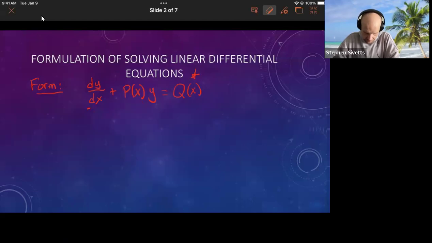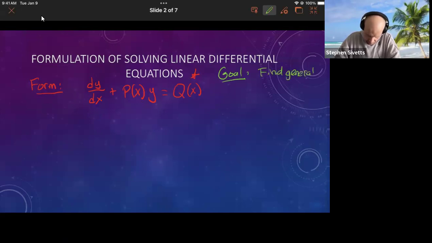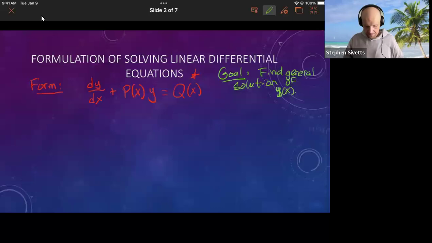So the goal here is to find a general solution for y of x. Okay, so here's the idea behind figuring out the general solution.